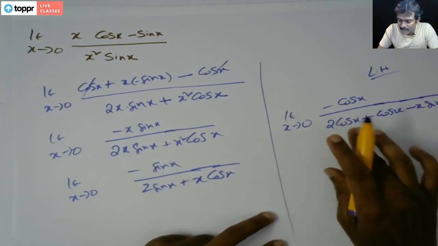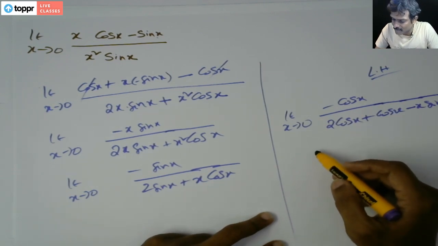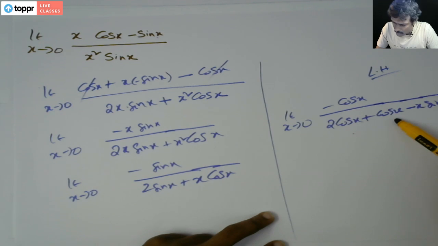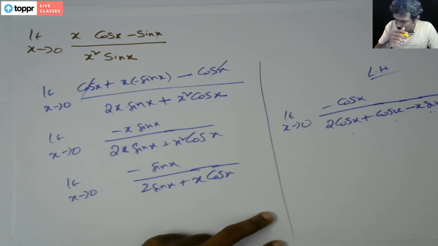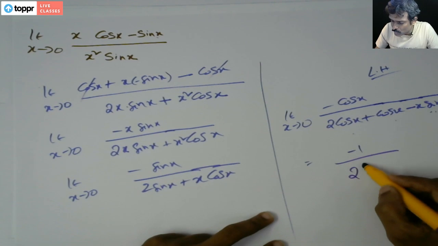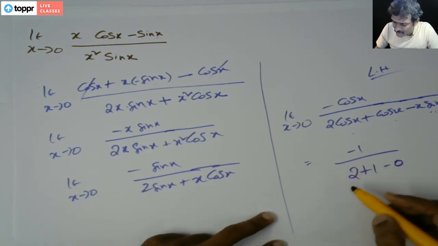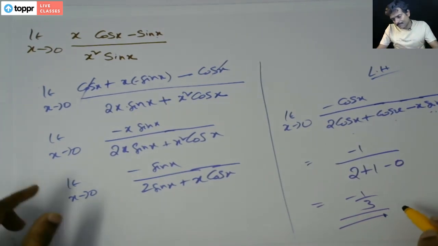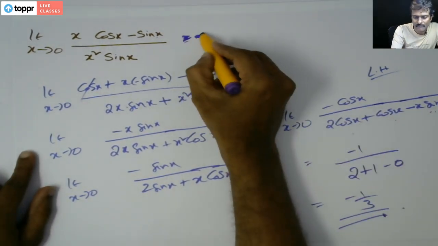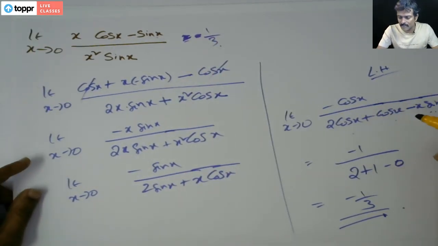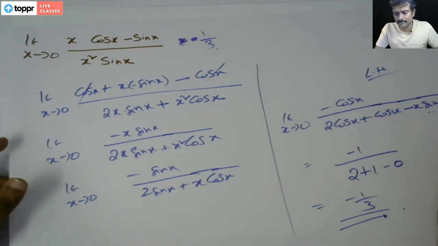Now if we substitute x equal to 0, this is minus 1, this is 2, this is 1, and this one is 0. So this will be minus 1 by 2 plus 1 minus 0, which is equal to minus 1 by 3, the limit of this function, after substituting x equal to 0.